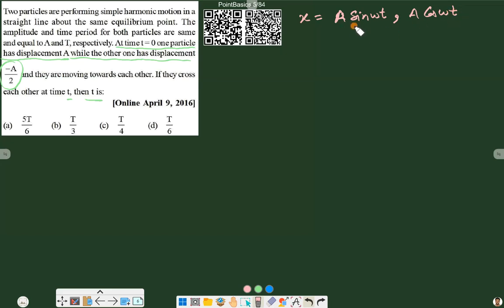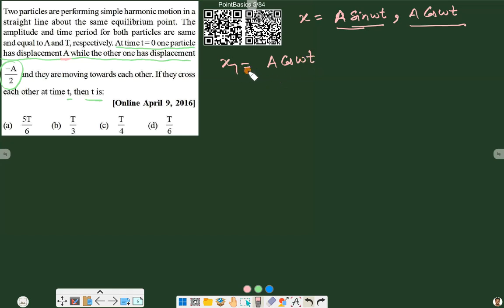If we take the sine equation, then at time equals 0, displacement is 0. If we take the cos equation, then at time equals 0, displacement is maximum. And that is the case here, that at time equals 0, the first particle has displacement a. So for the first particle, we will choose this one. So x1 is given by a cos omega t.